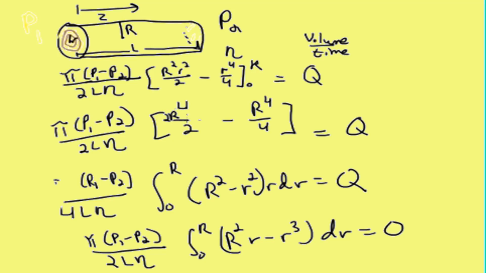And then we can do 2 over 4 because that's still 1/2.